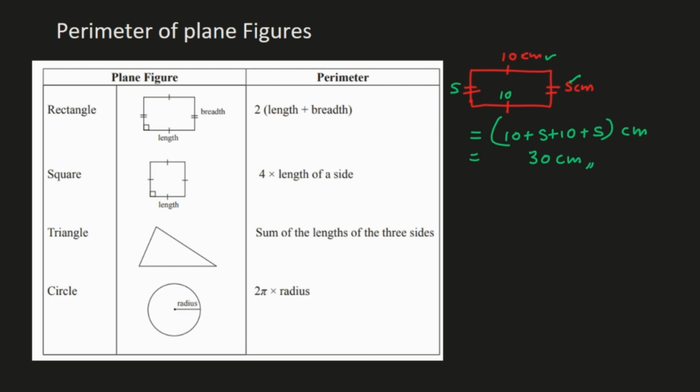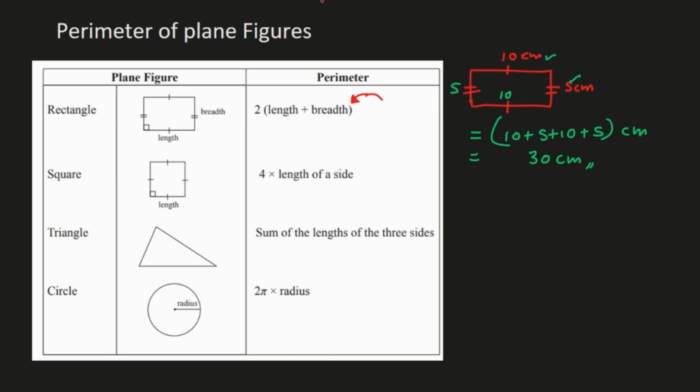Likewise, if we do not calculate or add each of these sides one by one, we can simply add the length and the breadth of the rectangle and multiply that answer by 2. So that is what is shown here. You would get the same answer as adding all the four sides together. It will be the same as the answer if you substitute everything into this formula as well.